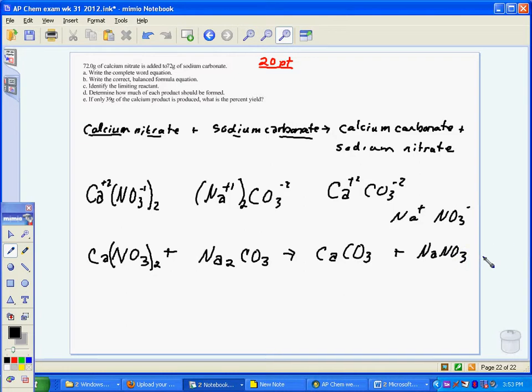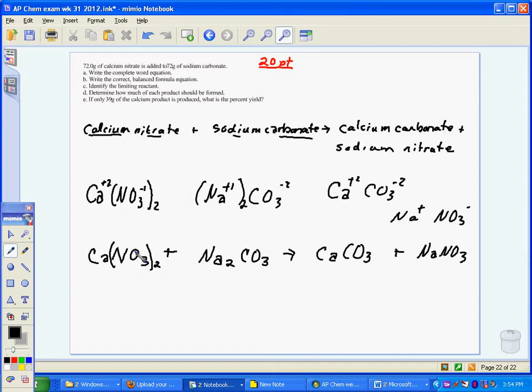Now, the next thing I wanted to see is that you understand the phases that these things are going to be in, and you remember a little bit about your solubility rules. Okay, so from going from here to here, I think it was 1 or 2 points per formula that you translated correctly. Now we're up to, I think, either 4 or 9 points in our problem.